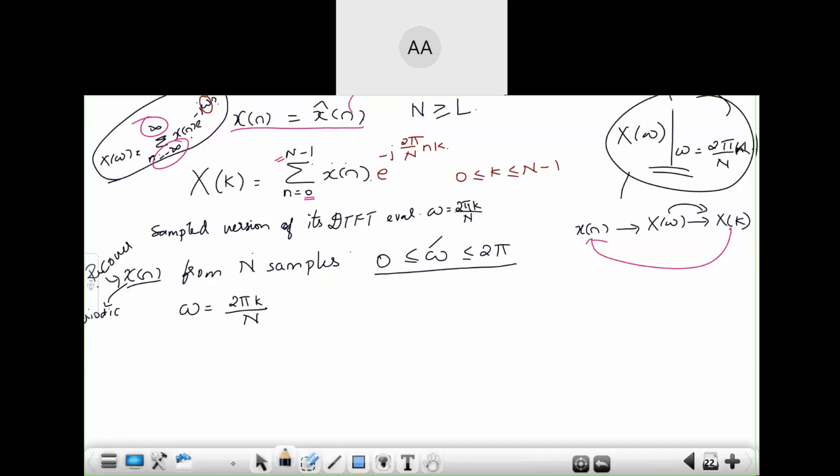To recover the finite length sequence x of n from N samples of X of k, what are you going to write down? It is plotted at frequencies omega equal to 2 pi k by N. I hope you have written till here.